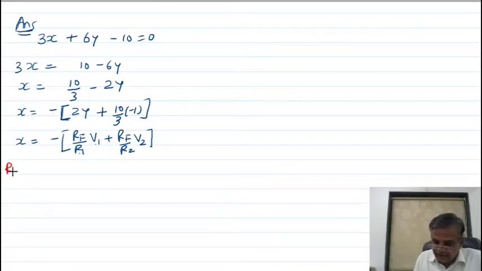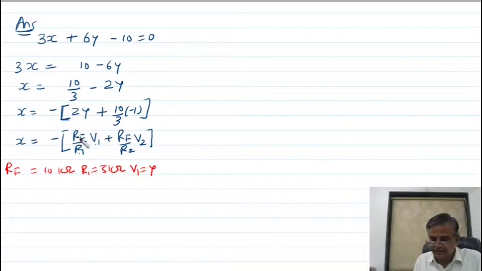If I take Rf is equal to 10 kilo, R1 is equal to 5 kilo, and V1 is equal to y, you will get 10 by 5, which is 2, times V1, so you will get 2y. Now Rf we have already taken as 10, so for the second term also I will write 10.